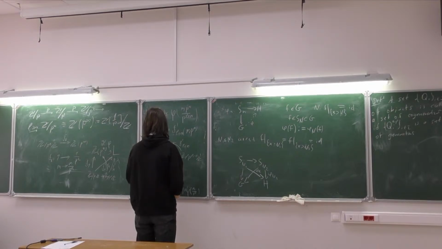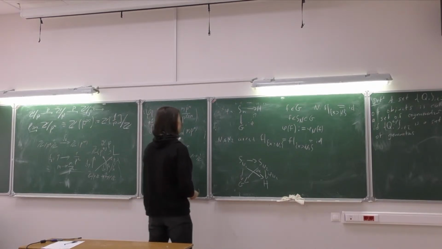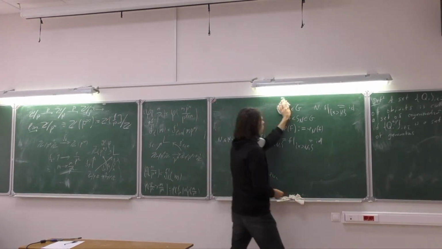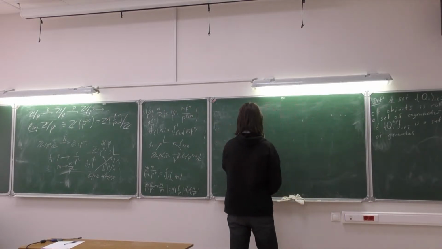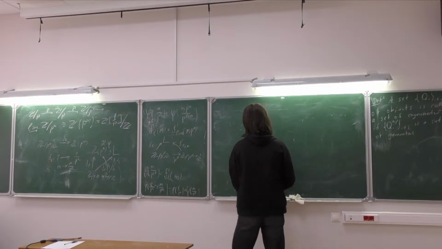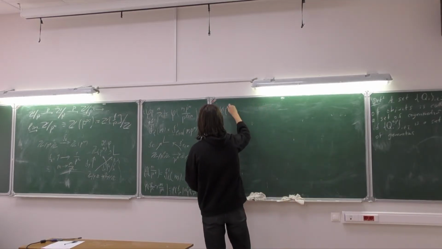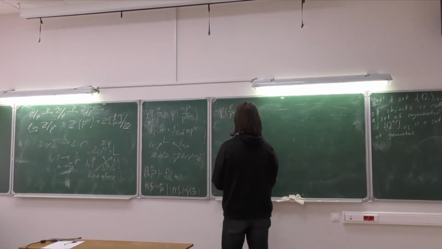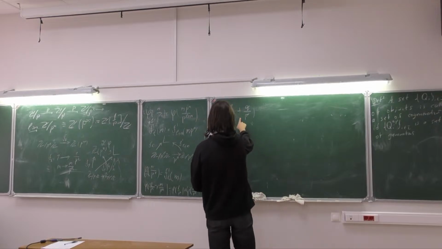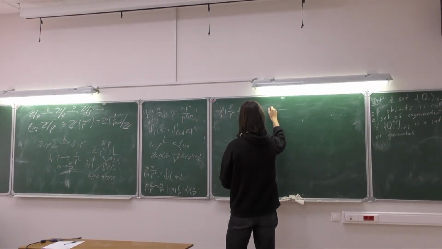I don't think it's a good idea to erase properties. And so if we have something like this, now we can just find a common denominator.